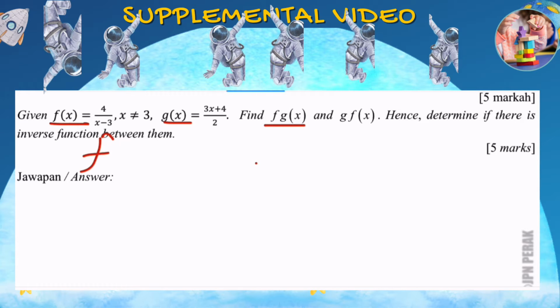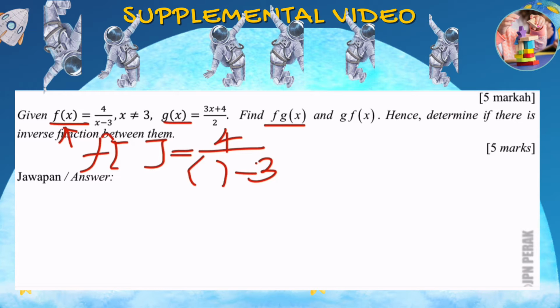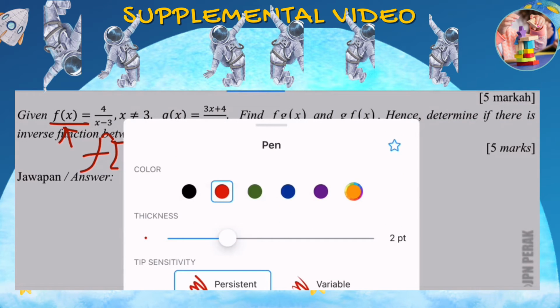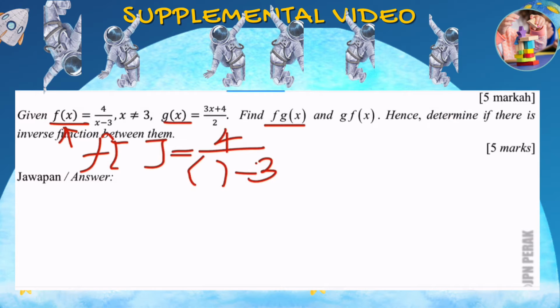So let's start with the function f with the object g(x). Normally we will copy the function given, but inside the bracket we will leave it blank like this. So the x is an object. We are going to replace it with the function g(x). Now the function g(x) becomes the object.